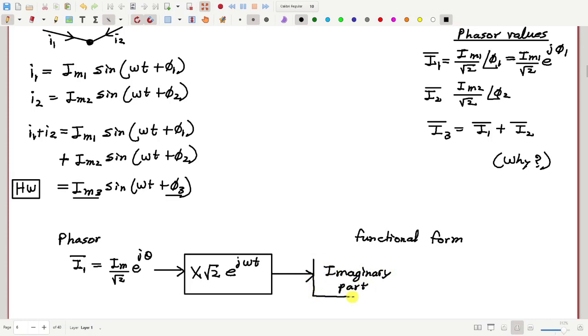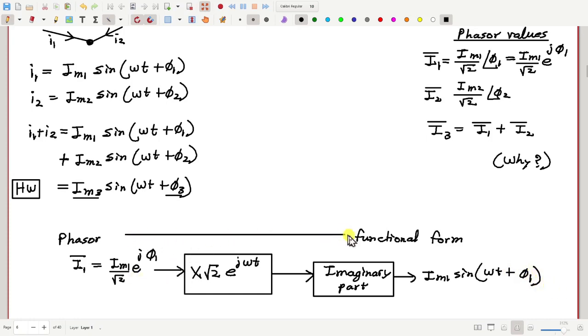If you do that, you will get Im1 sine omega t plus phi 1. So this is basically the rule for getting the functional form from the phasor value.